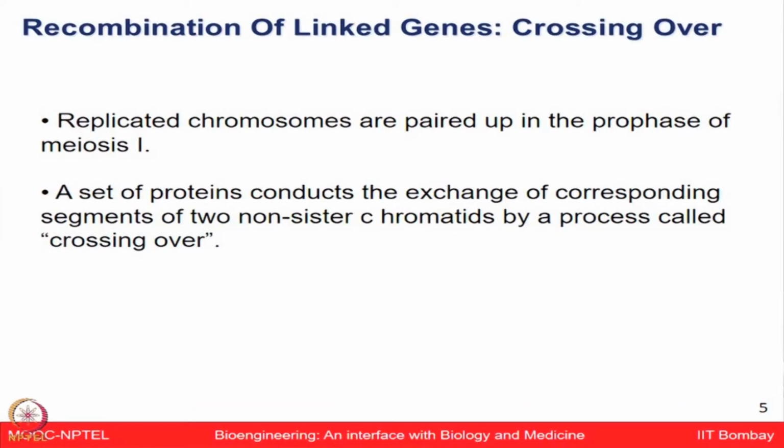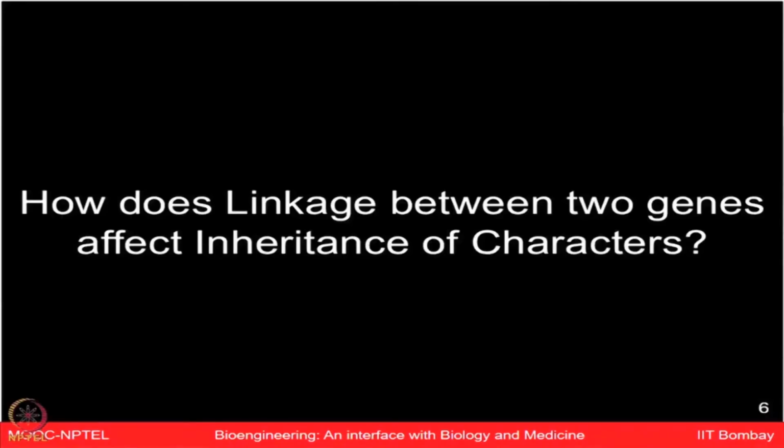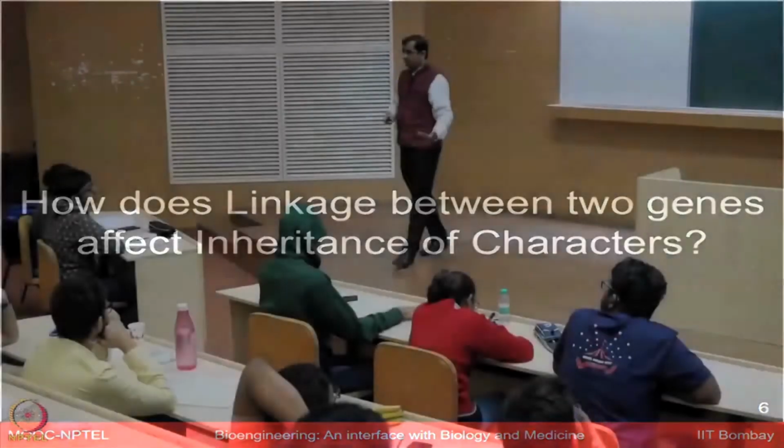This we have talked about in meiosis prophase 1, just to be precise, and we have seen that a set of proteins are involved in it, which we call a crossing over event. So if the genes are linked or they are far apart, how can that information be transmitted from one to the next generation?